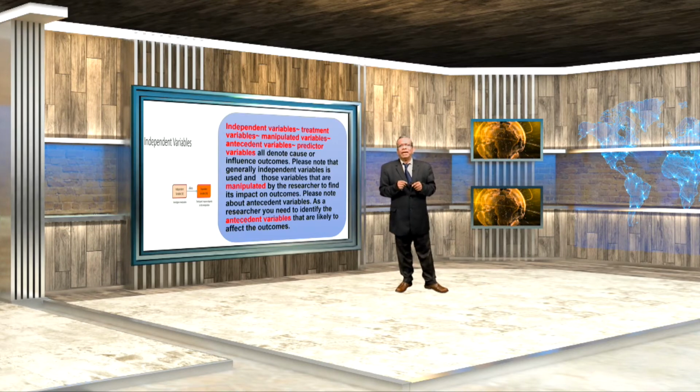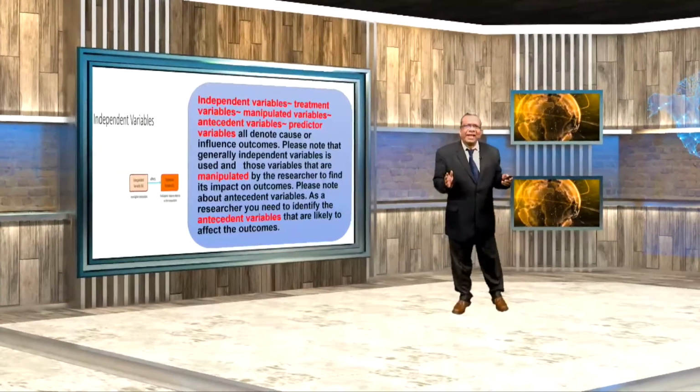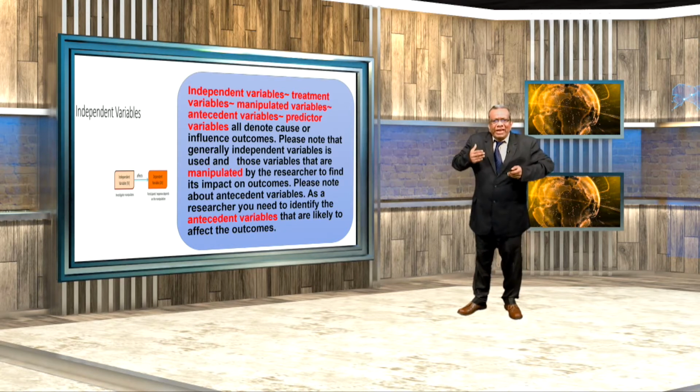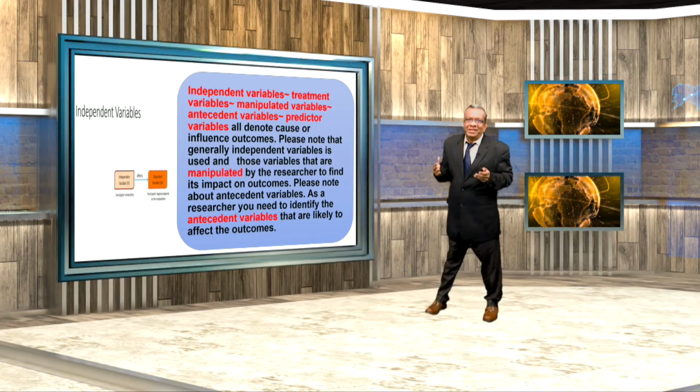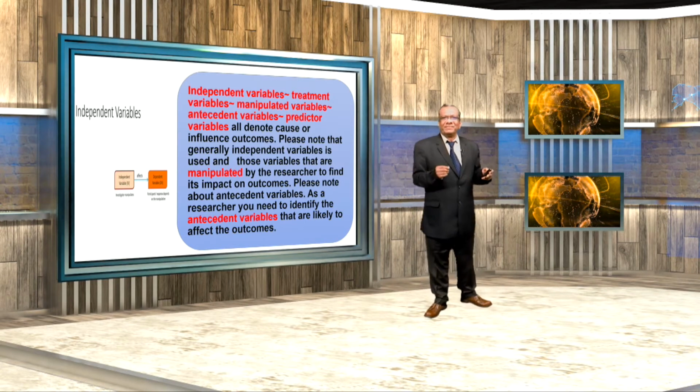Now, let us come to independent variables. Independent variables or treatment variables, manipulated variables, antecedent variables or predictor variables, all are the same. Therefore, it depends on each domain how the various variables are being used by researchers.